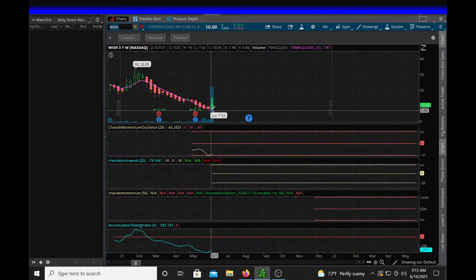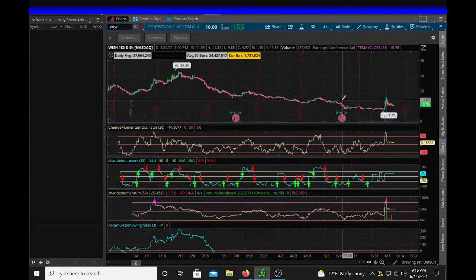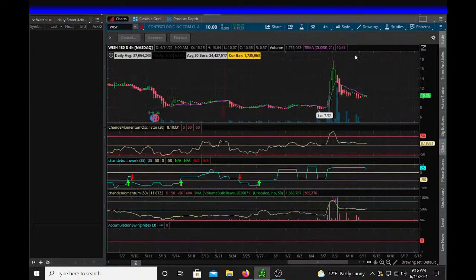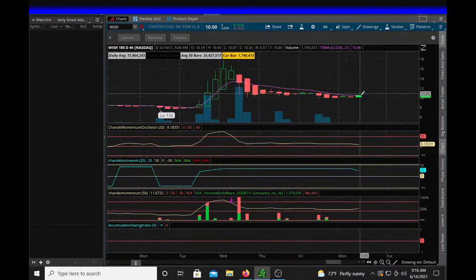So I would say I would be doing the call options on Wish. Really seems like long term we're going to be seeing a bullish trend. Looks like we're trying to get that back now.